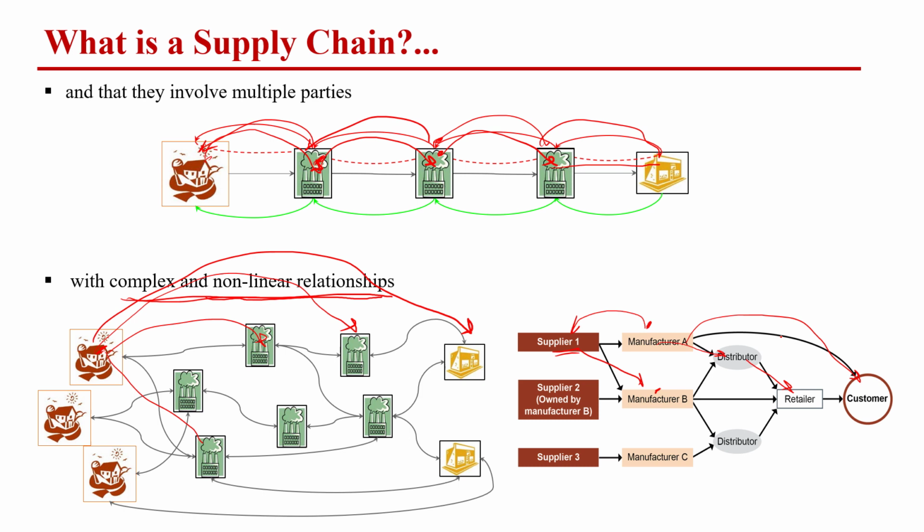So from these three diagrams, we got to know that in a supply chain we may have multiple parties, and those parties may have a linear or a non-linear relationship.